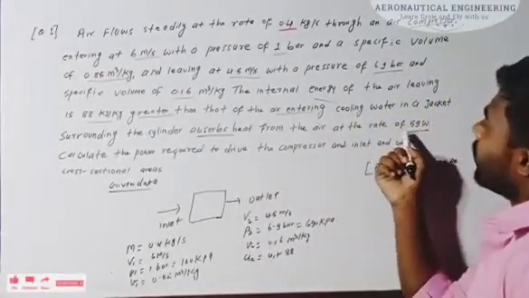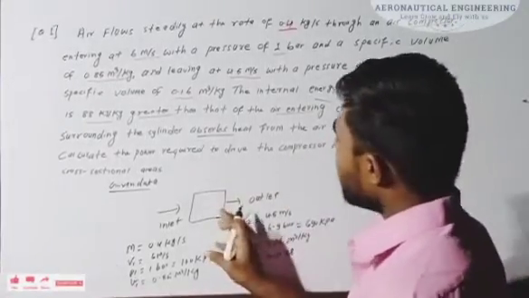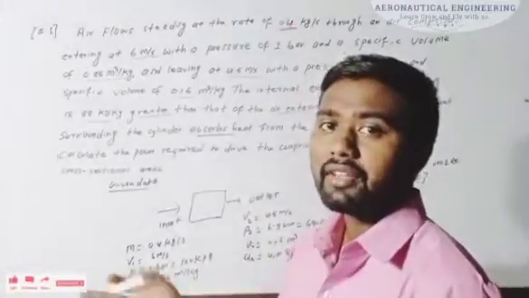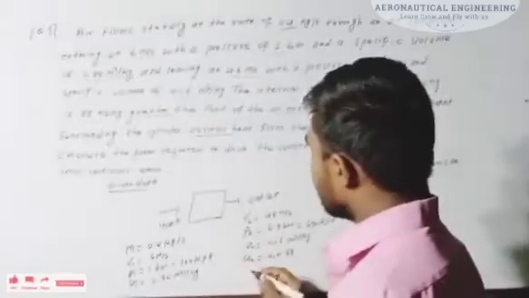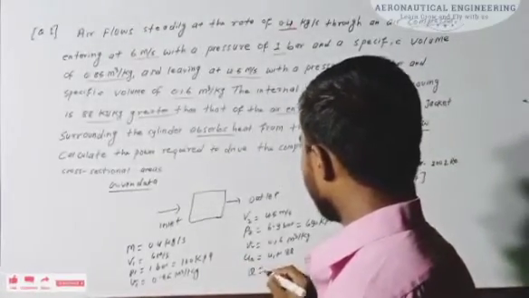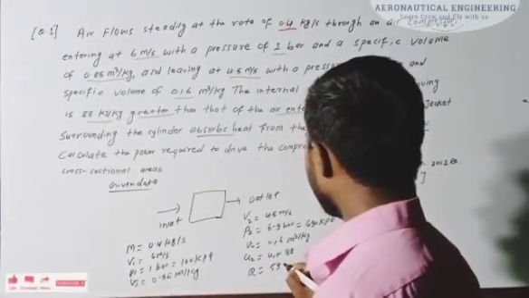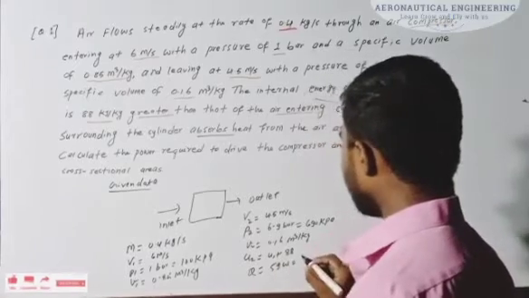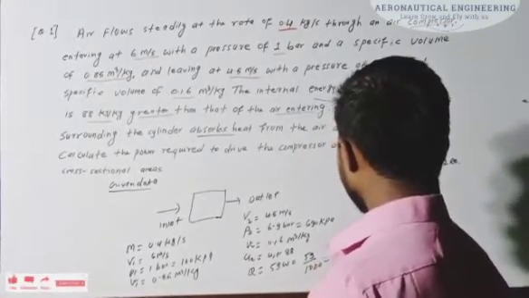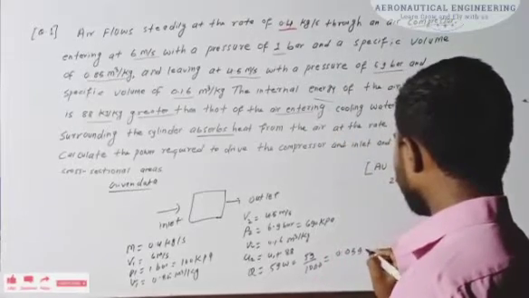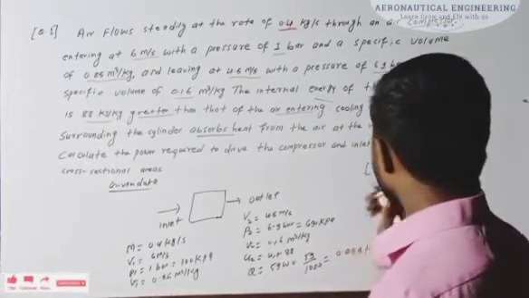So in the compressor, the heat is absorbed by the cooling water, 59 watt. Here Q is given as 59 watt. If we convert it into kilowatt, it is 59 upon 1000, 0.059 kilowatt.